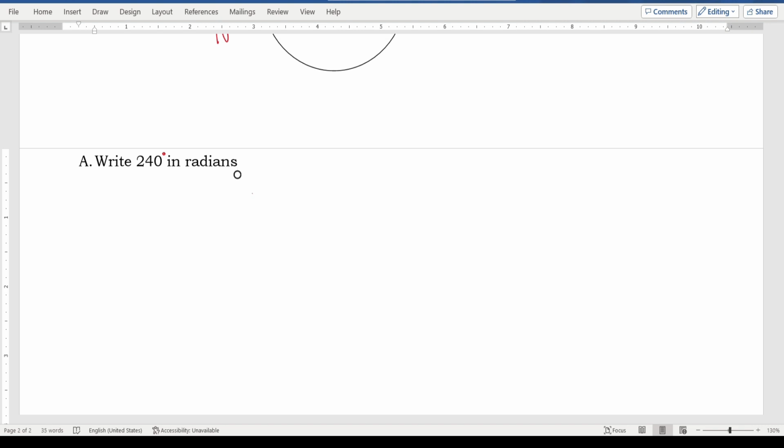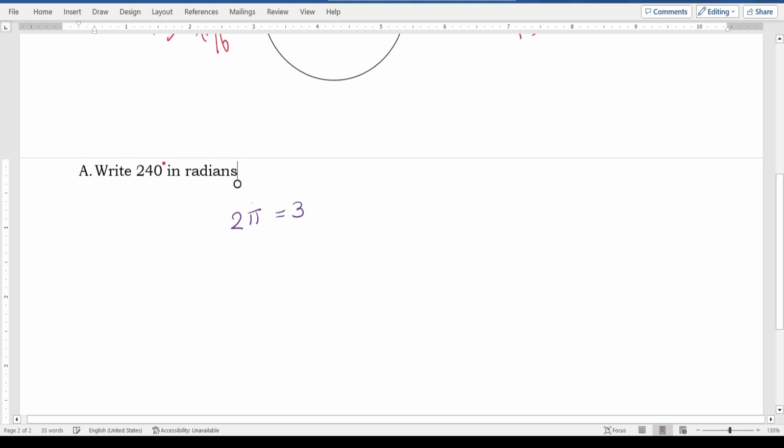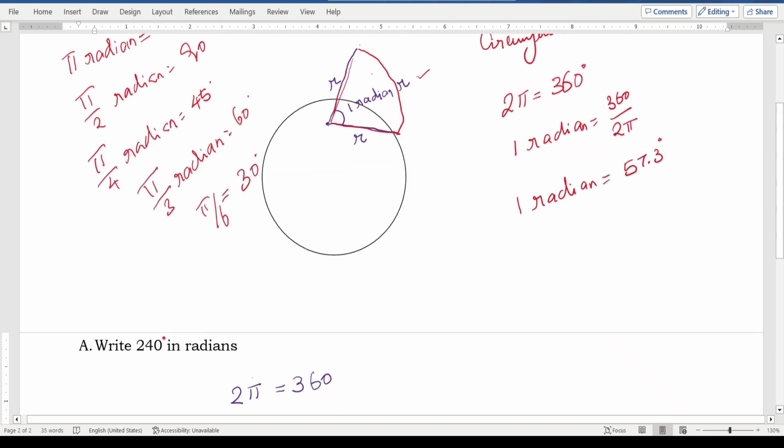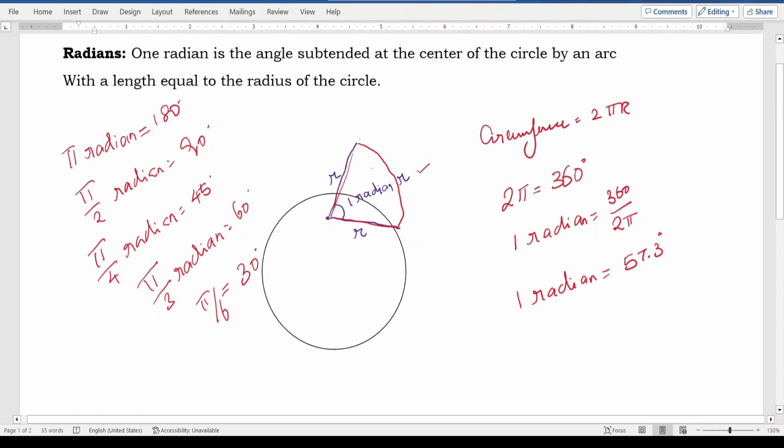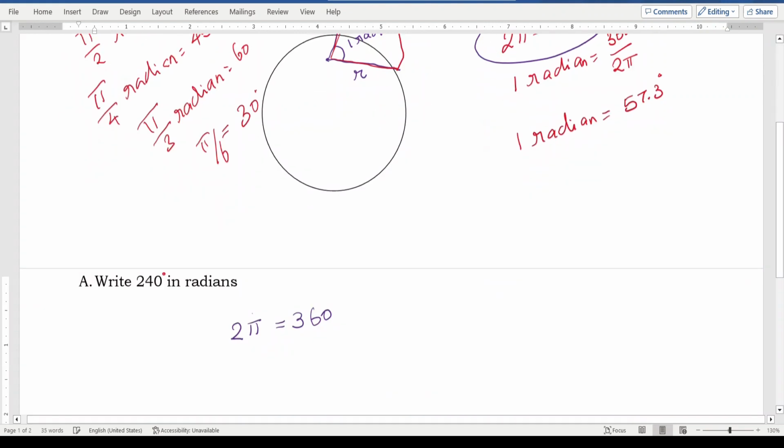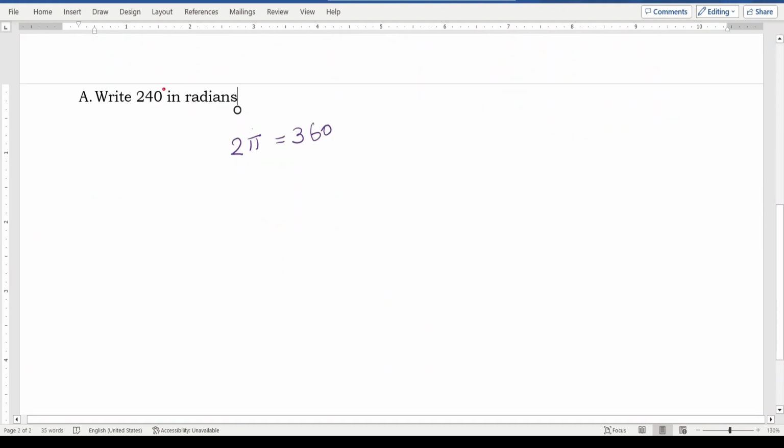Already we have seen what is the radian. 2 pi equals 360 degree, the complete turn.